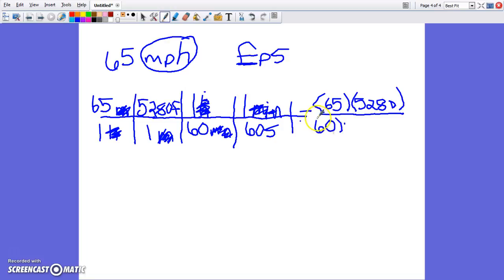Remember, that is 60 seconds. I'll write it like that. So what is that? I don't know what the numerator is going to be off the top of my head.